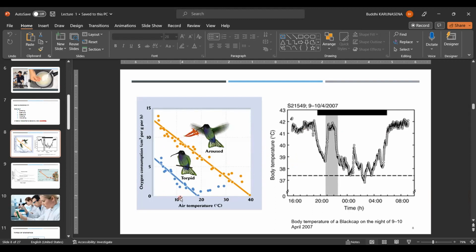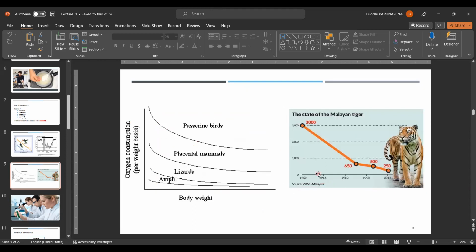Like, for example, if you want to see the relationship between air temperature and the oxygen consumption of these birds, there you can use statistical techniques, right? And if you want to study the body temperature of a blackcap according to the time, again you can use certain statistical techniques. These are some of the examples where we can use statistics, right?